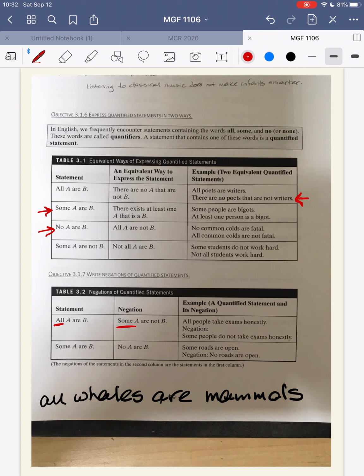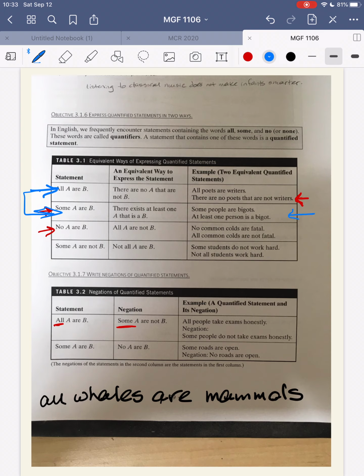And if you look at the wording here, here we have all A are not B. And then the some comes in this way. Some A are B, though, means no A are B.